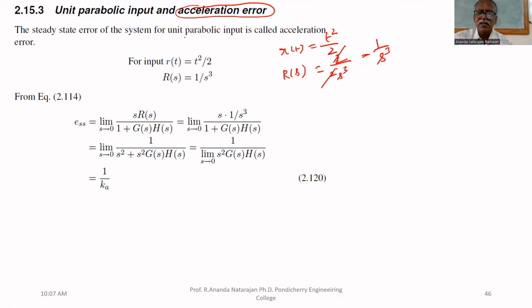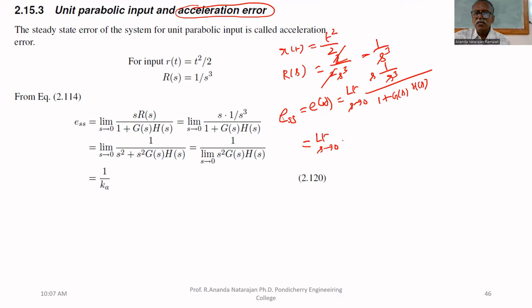For that, what is the steady state error? E of infinity equals limit s tends to 0, s multiplied by R of s, where R of s is 1 by s cube, upon 1 plus g of s h of s. That is equal to limit s tends to 0 of 1 upon s square plus s square g of s h of s.